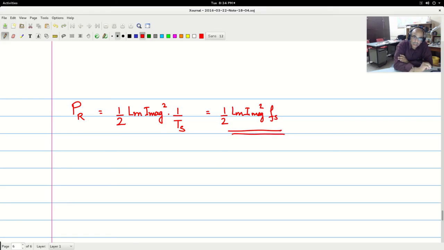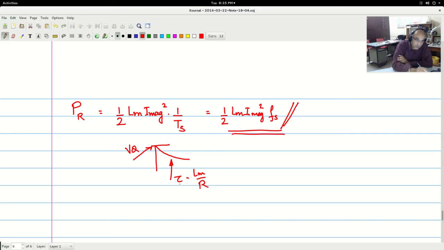Notice that the power dissipation in R is independent of the value of R. So whatever may be the value of R, the power dissipation is fixed. The value of R does two things. One is to limit the value of the spike voltage here at VQ at the switch off time, and also to determine the time constant tau of the decay of the flux.